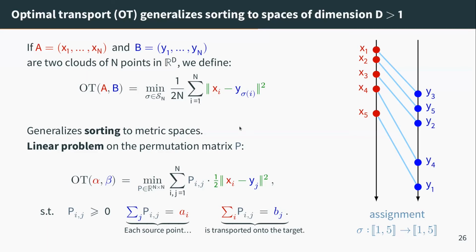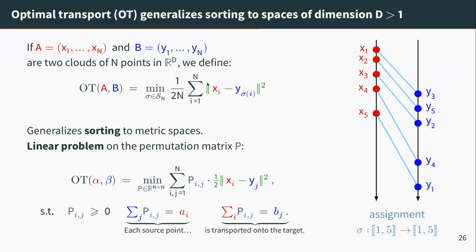And in general, when dealing with finite point clouds, combinatorial algorithms are very complex. So we like to recast the optimal transport problem as a linear optimization problem on a permutation matrix. So let's consider a weighted point cloud. Now my point xi has weight ai, my point yj has weight bj.